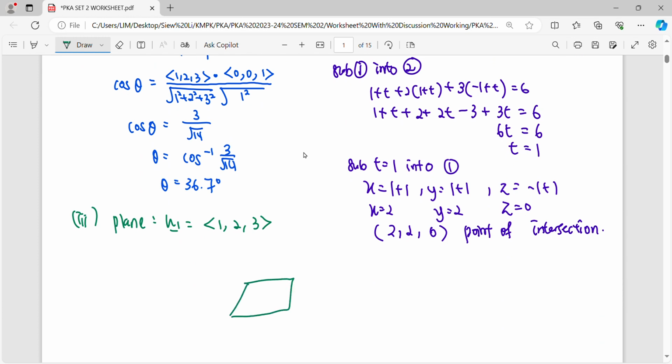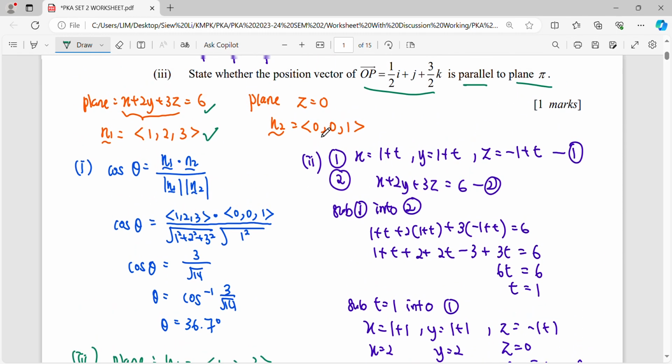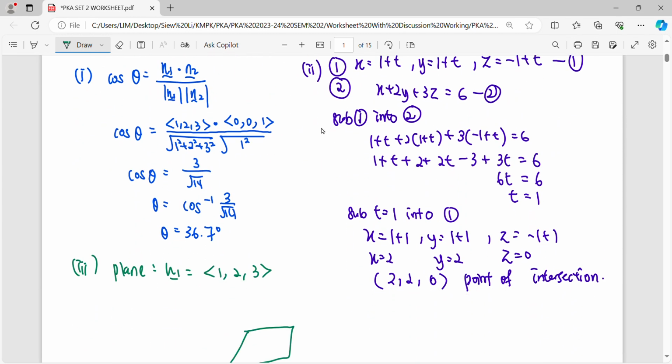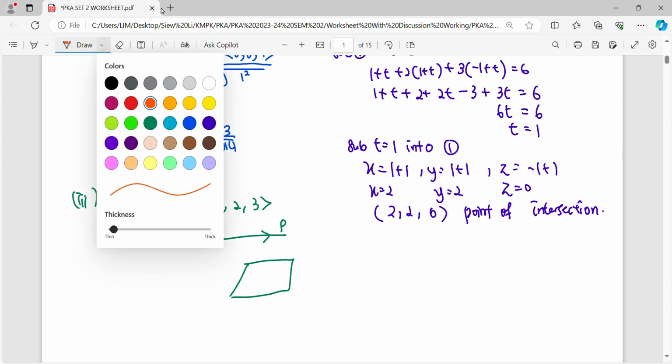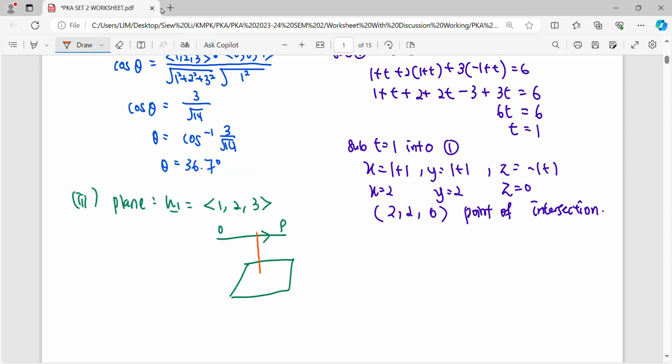When your vector OP is parallel with the plane, the vector involved in a plane is the normal. Correct? For a plane, the vector involved is the normal.